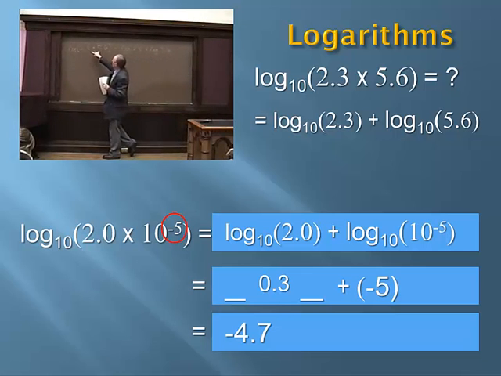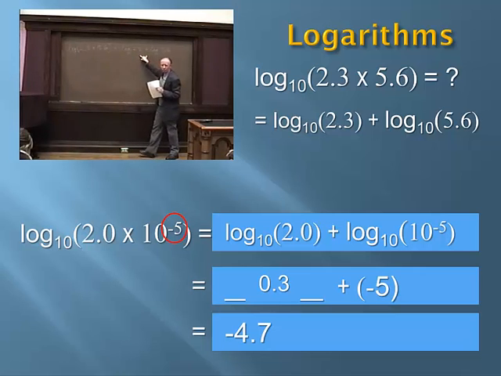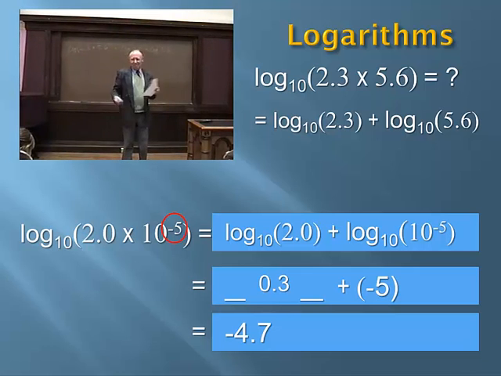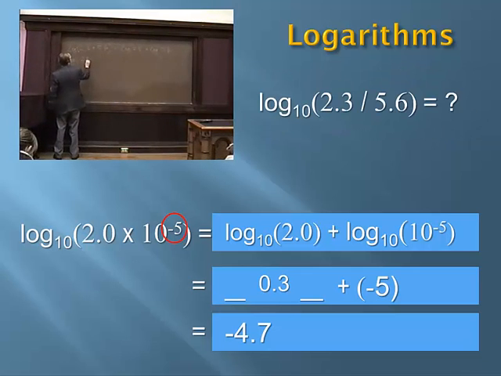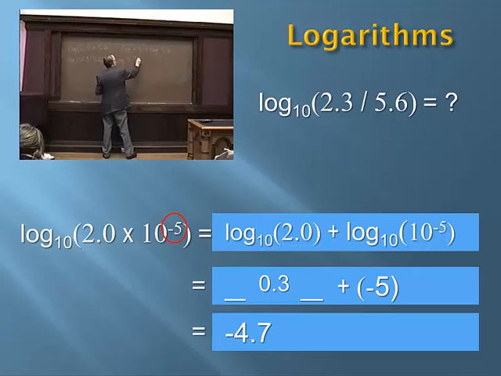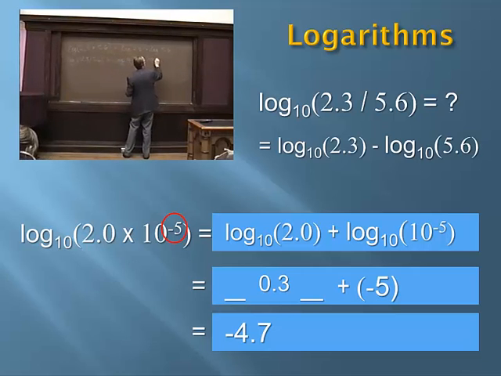When I multiply numbers, I add their logs. What do you suppose happens when I divide numbers? Makes sense, doesn't it? So if we have the logarithm of 2.3 over 5.6, that's going to be the logarithm of 2.3 minus the logarithm of 5.6.